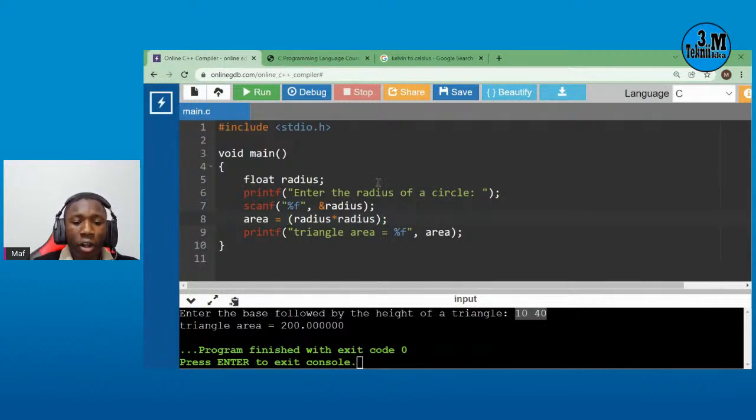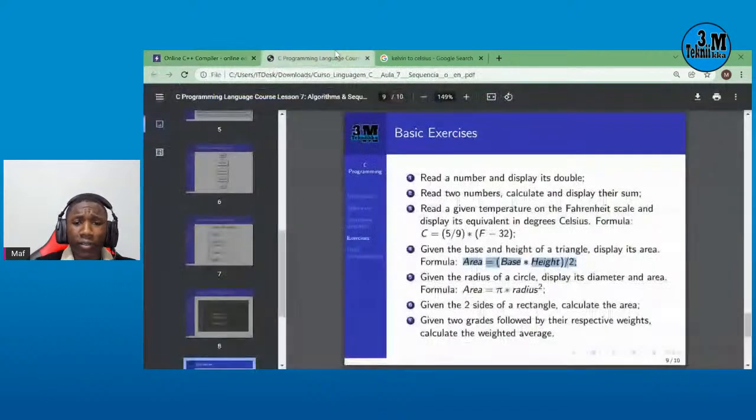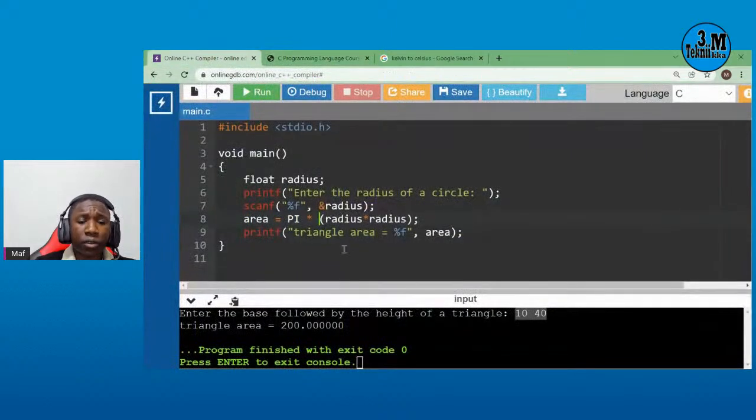And you have also here the constant pi. Is this a multiplication? Yeah, this is a multiplication, okay? You have here the formula: pi multiplied by this radius powered by 2.